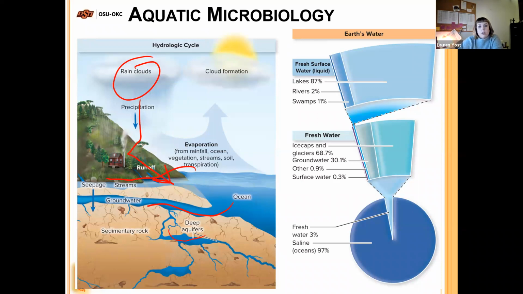In our fresh surface water, lakes comprise 87% of that, rivers 2%, and swamps 11%. And fresh water outside of that, retained outside of fresh surface water, we're talking about ice caps, glaciers, groundwater, things that we can't get to on the surface.